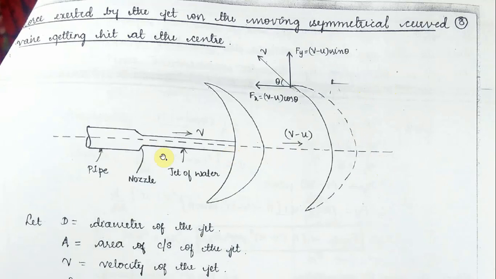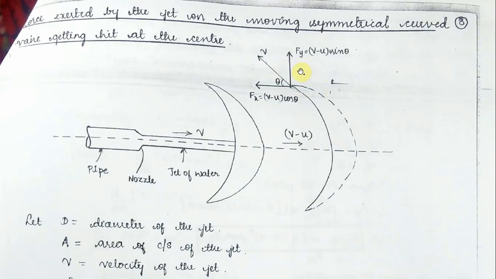When the force of the water is hitting this curved vane, sometimes the curved vane may be moving. That is, this is the initial velocity. After that, it will be V minus U, that is after the change or moving of the vane. So similarly, this can be resolved into vertical and horizontal components, that is Fy and Fx.